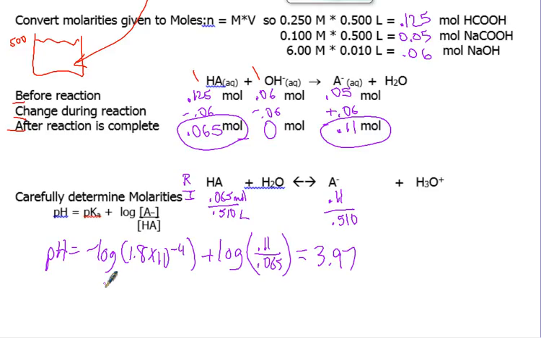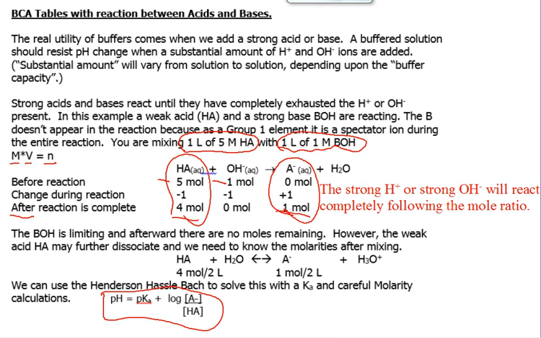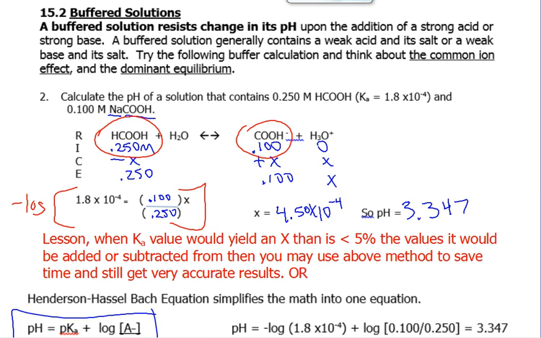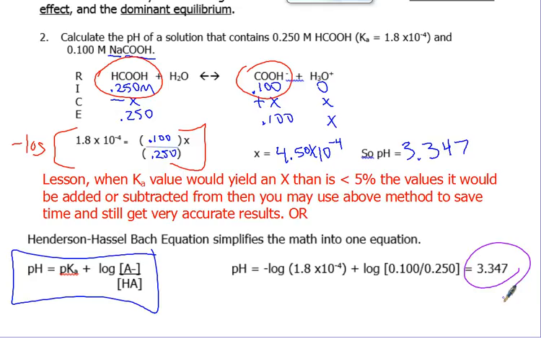I need a calculator. Before the base was added, let me just do some math real quickly. Before the base was added, negative log of 1.8 e to the negative fourth plus log of... So before this tiny amount of hydroxide was added, when it was just HA and A, the pH was 3.35. This is what we saw in the previous example, where we worked out the pH if it was pure.